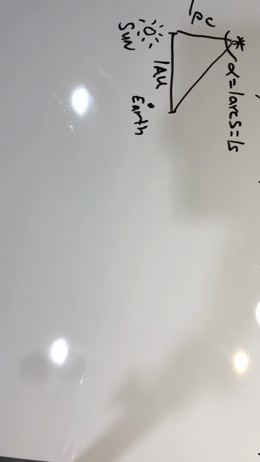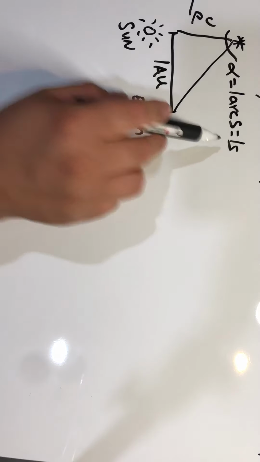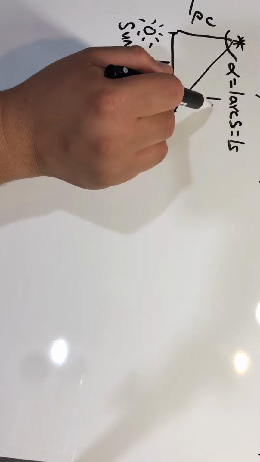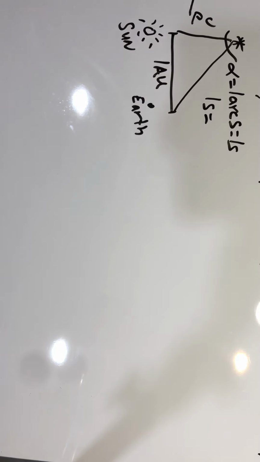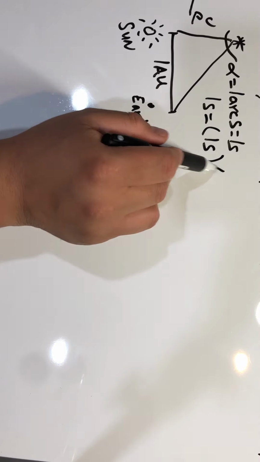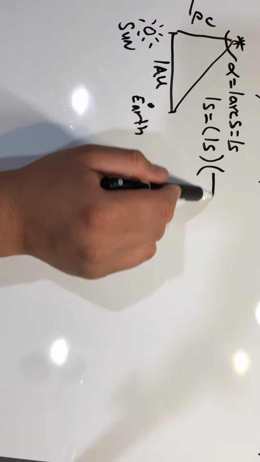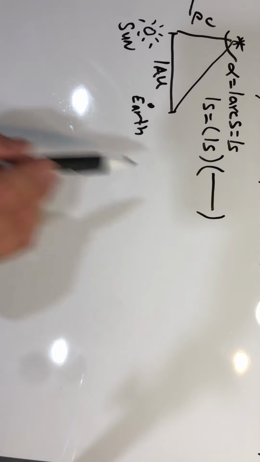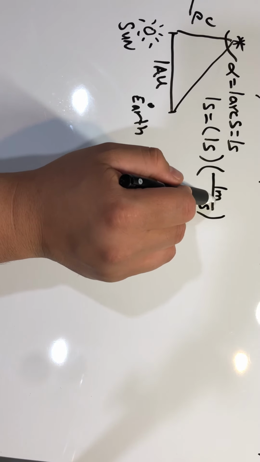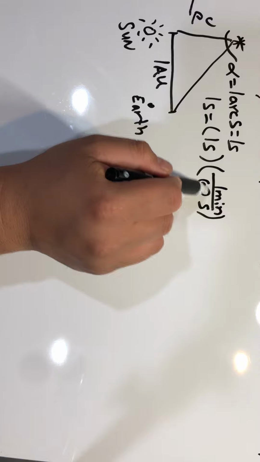Now, let's convert that 1 second into radians so we can work with it, okay? It's better that way, trust me. So the way we do it is we write down 1 second is equal to 1 second, obviously, multiplied by a fraction. We want to get rid of seconds, so that means there's going to be seconds at the bottom. 1 minute is 60 seconds, okay?